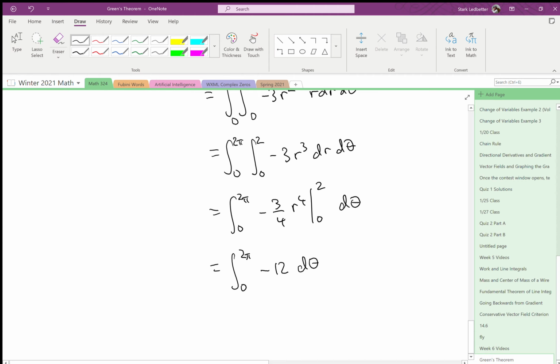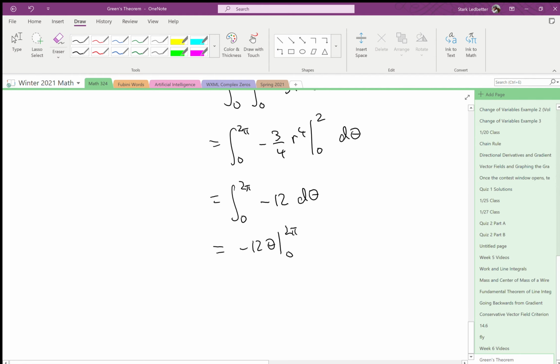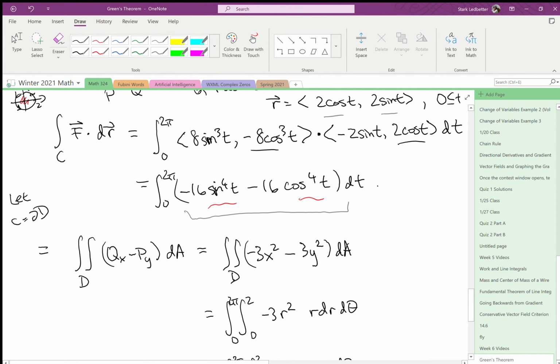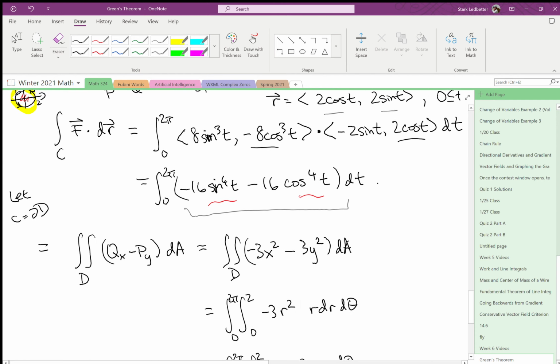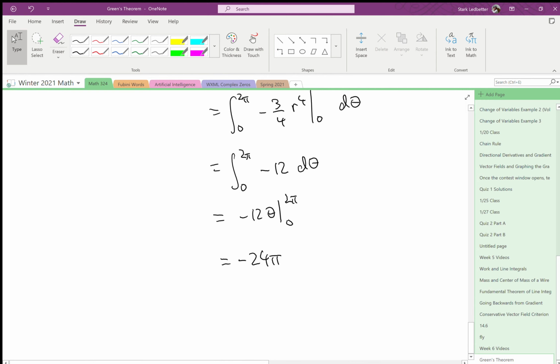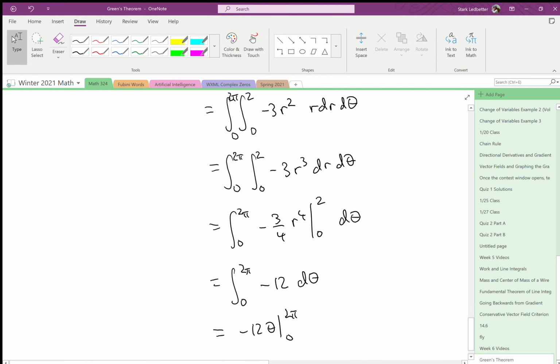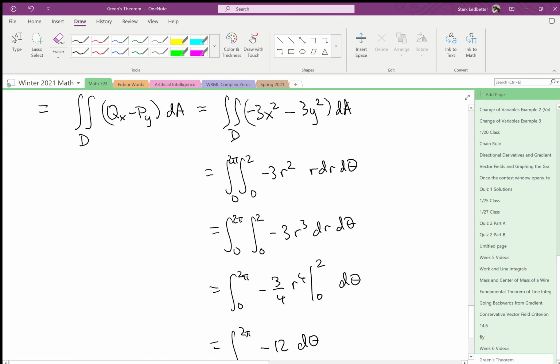So that's negative 12 theta going from 0 to 2 pi, and we get an answer of negative 24 pi. What does that mean? That means if you did this amount of work walking around this circle this way, it was actually a net negative amount of work. You lost energy somehow. Okay, cool.